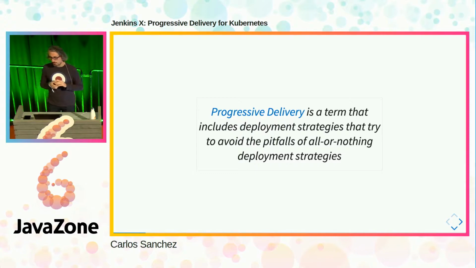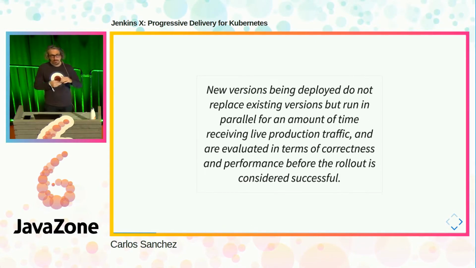So progressive delivery is one term that we use for all these approaches that avoid deployments that are either fully successful or fully a disaster. It tries to avoid problems with the deployments as a whole thing. All the techniques you'll see do this by having 2 versions deployed at all times, at least 2.